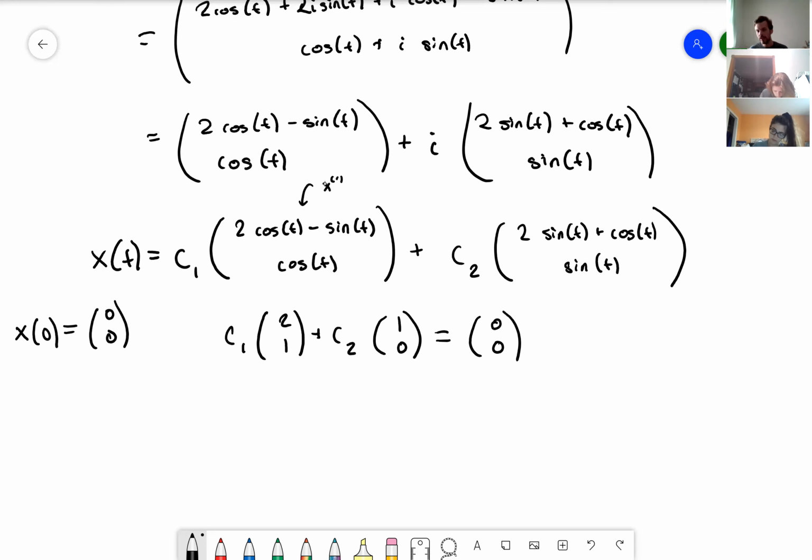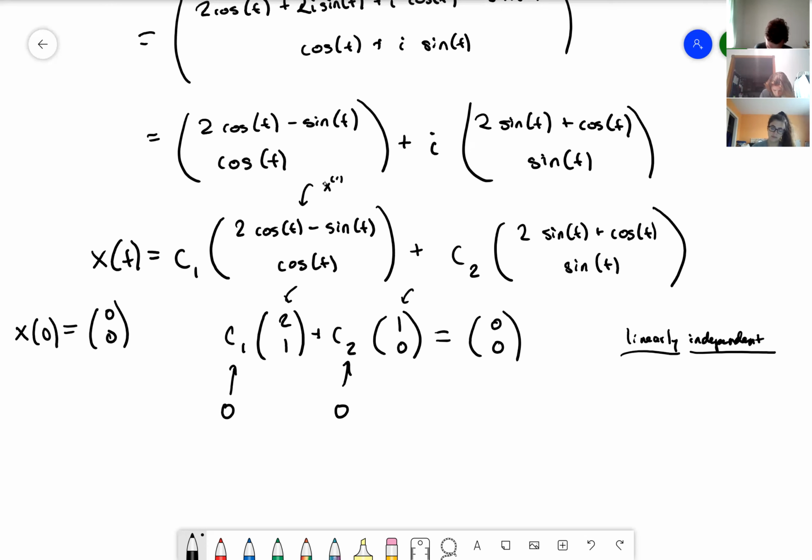If the only linear combination of two vectors that equals 0 is the one where we set this one equal to 0 and this one equal to 0, then these two things are called linearly independent. This is really the definition of linearly independent. The only linear combination of these two things that makes 0 is just (0, 0).